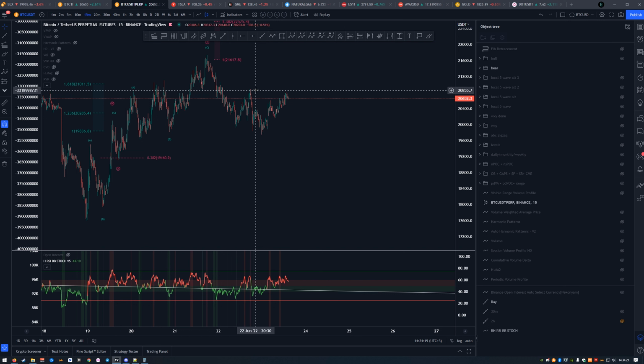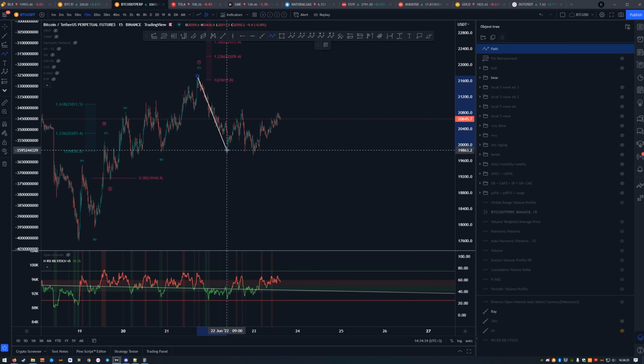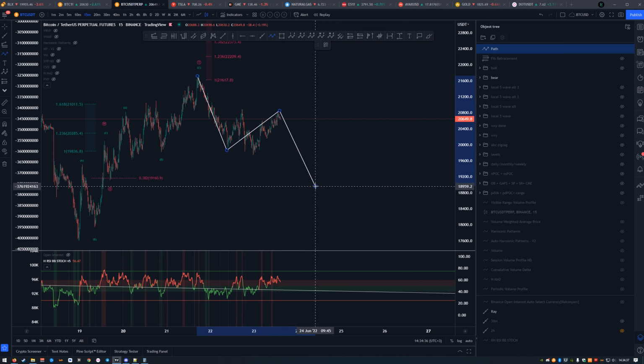We have not gone above these highs that we had here around yesterday at 20.8k, but I would assume those are going to get taken out before we are going to be reverting down, if we are doing that at all. So we would have something like this here.